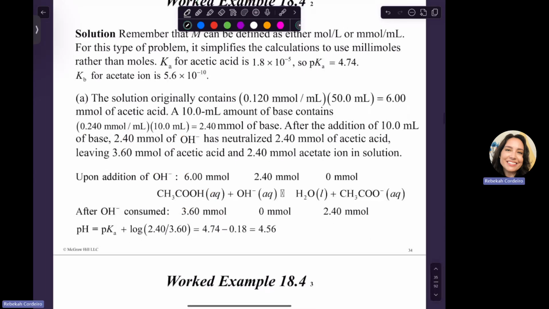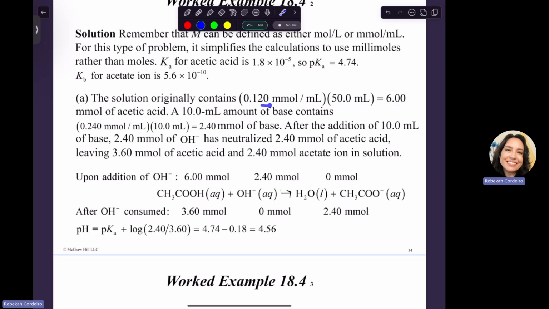So if I add, let's go down here. We've got to get everything in moles. Millimoles is really helpful. So we can just do millimoles divided by milliliters. The molarity times milliliters is millimoles.